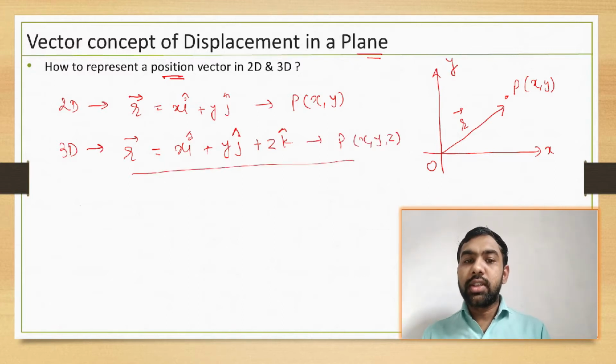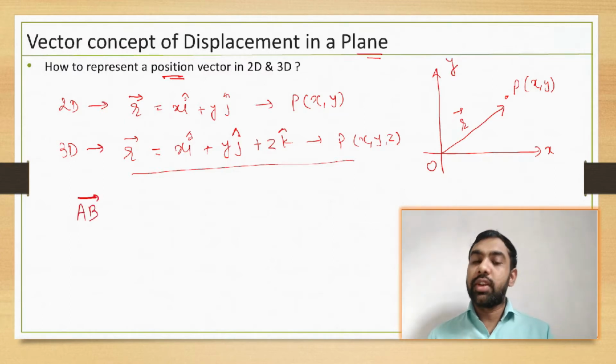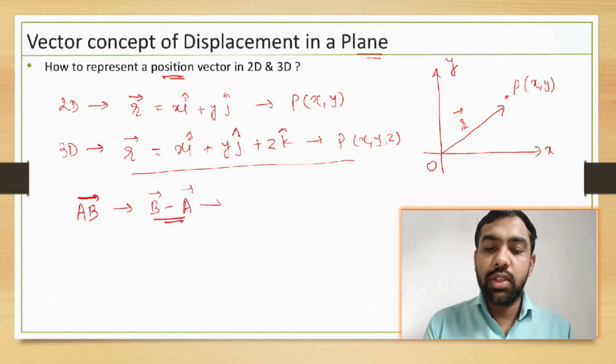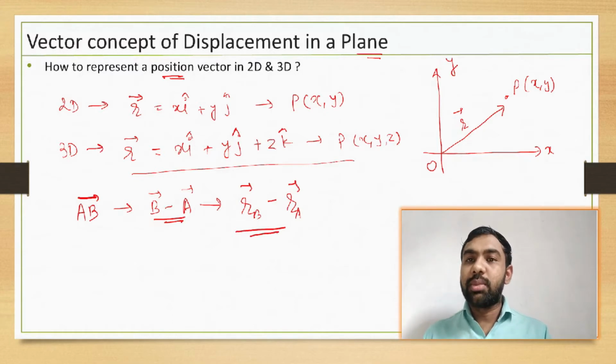So this is just the representation of any position vector in a coordinate system. And if you want to represent the position vector from one point to another point, suppose you want to write the position vector AB, as we discussed in previous sessions, it is the position vector of B minus the position vector of A, that is RB minus RA.